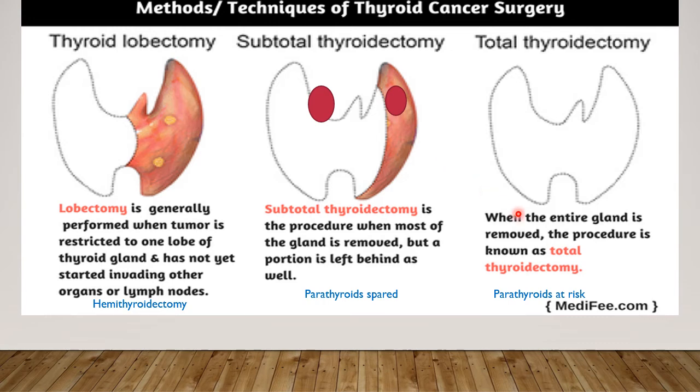And then the third type is total thyroidectomy, which is quite easy. When the entire gland is removed, the procedure is known as total thyroidectomy. So this is a simplified way of remembering the types of thyroidectomies used to describe the various procedures.